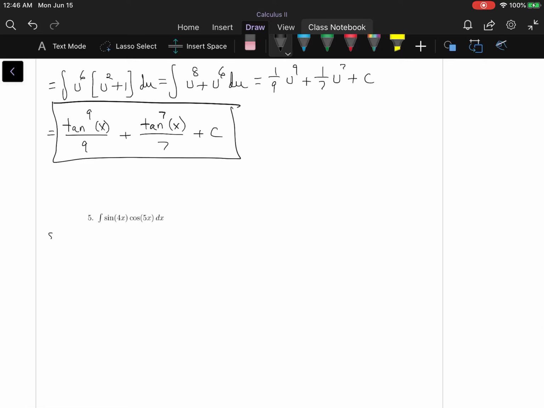So the identity says sine of 4x plus 5x, or 9x, is equal to the sine of 4x cosine 5x plus the sine of 5x cosine 4x.